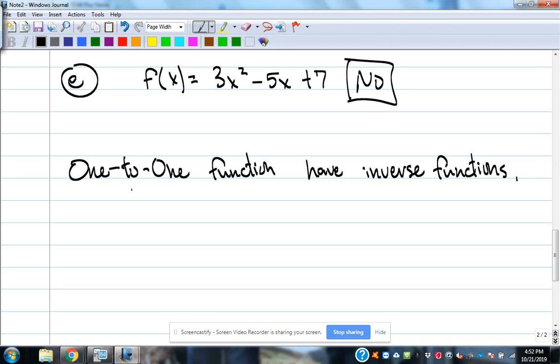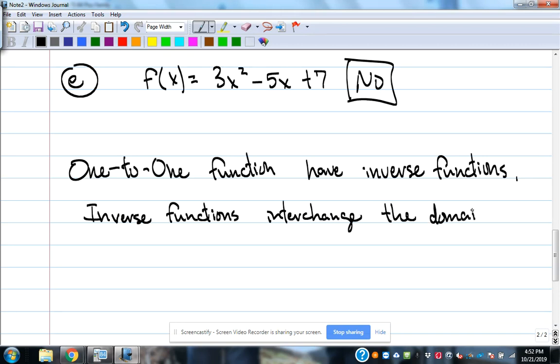So what does an inverse function do? An inverse function interchanges the domain and range of a function.